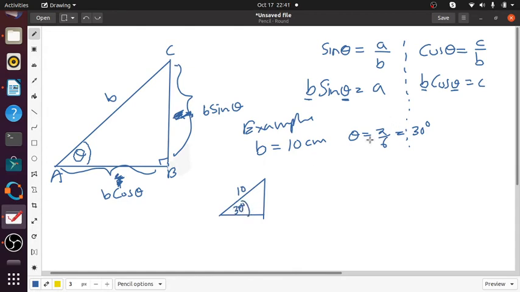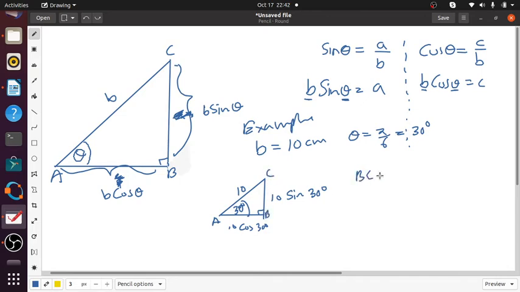You can either write the radians here or just degrees, whatever you prefer is fine. You have to mention the right angle as well. In this case, you know that the opposite side is given as 10 sine 30, and the adjacent side is given as 10 cos 30. So let's say this is the ABC triangle.